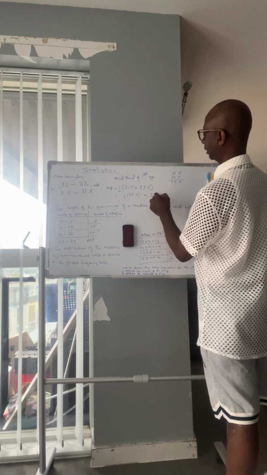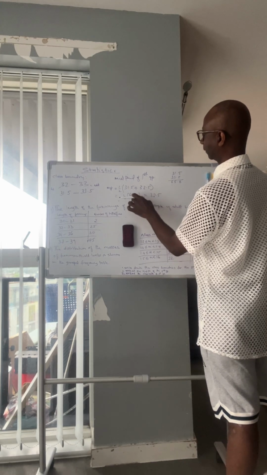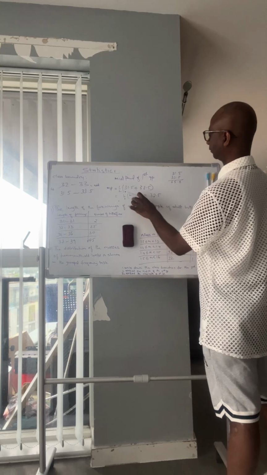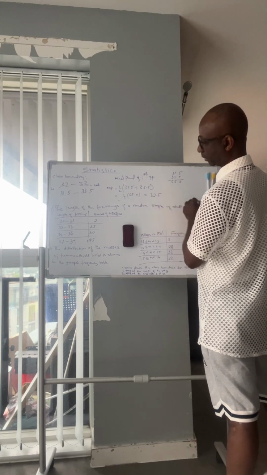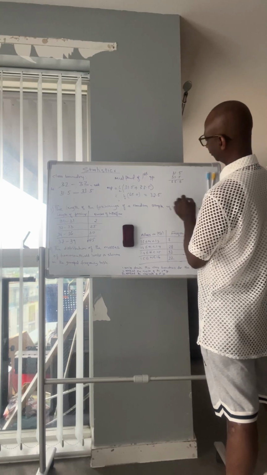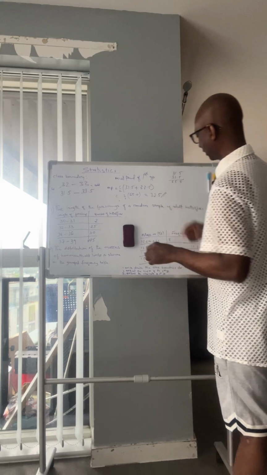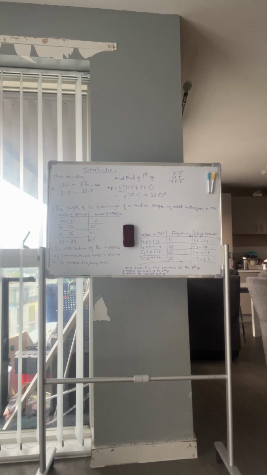So, am I right? 32.5, yeah? Yes, that's what you get as your midpoint. Do we have that in the data? No. Most times, you don't get the midpoint in the data you are given.